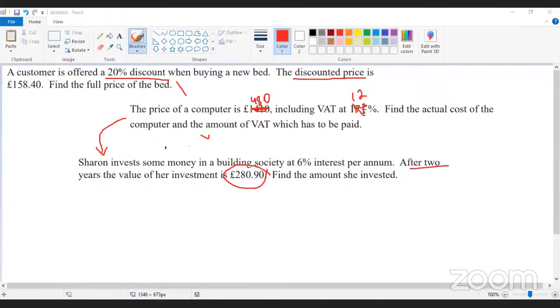Okay, so after 2 years, the investment is 280.9 euros. That means this 280.9 euros is how many percentage? It is after 2 years. You have to remember that also. It is not after 1 year, it is after 2 years.